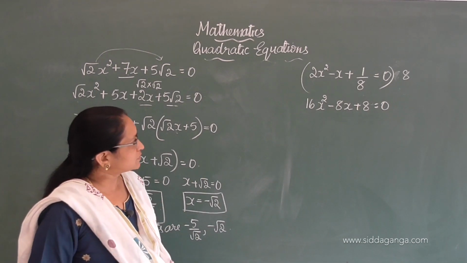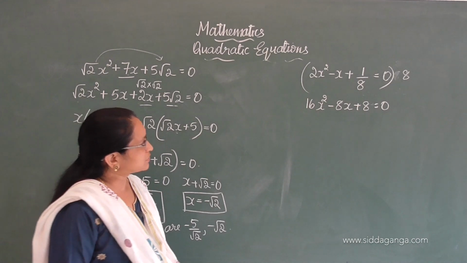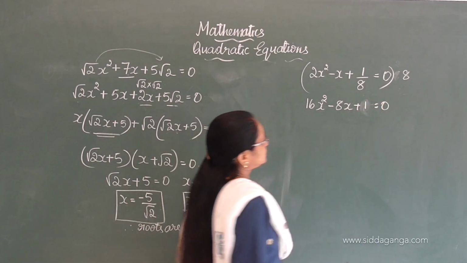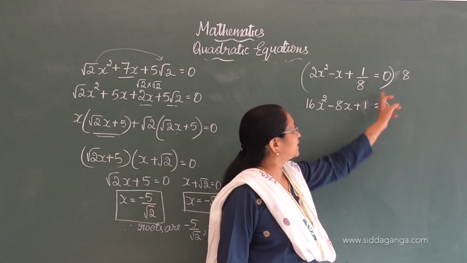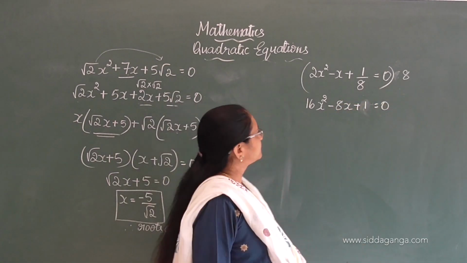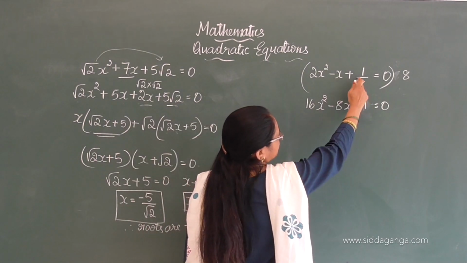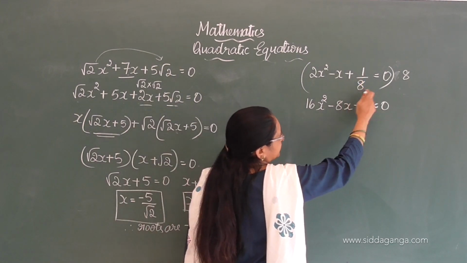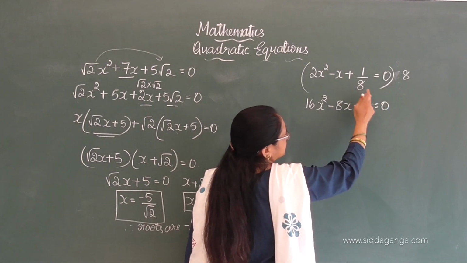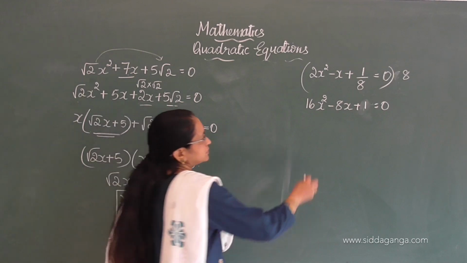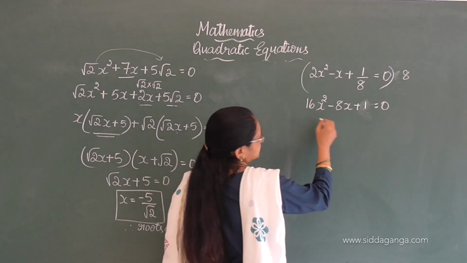Now, how will you split? Here it should be 1. 1 by 8 into 8 is 1. Now, I hope you understood this step. 1 by 8 into 8, that is 8 gets cancelled, giving you 1 there. Now, here 16 ones are 16x square.